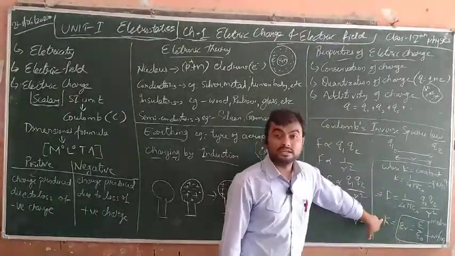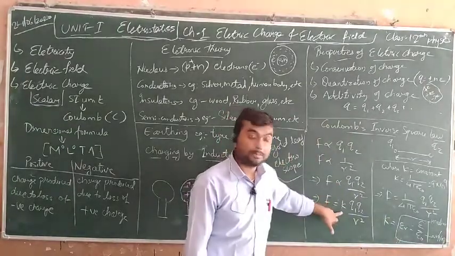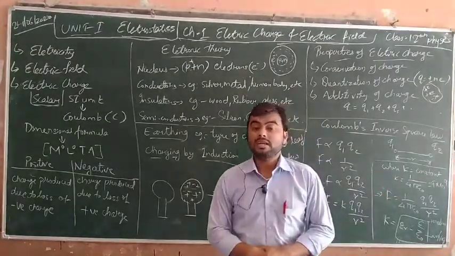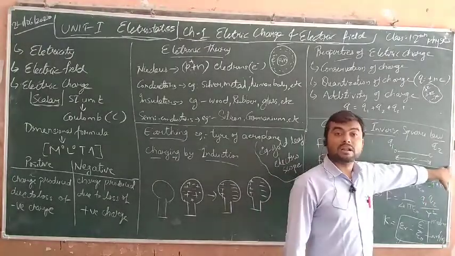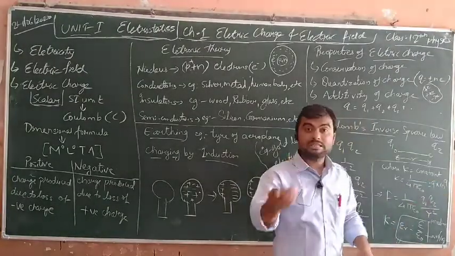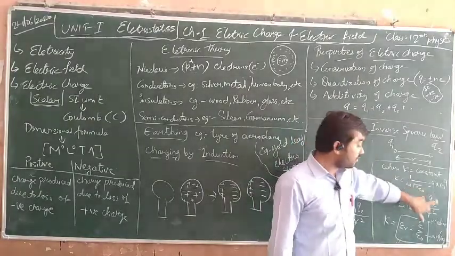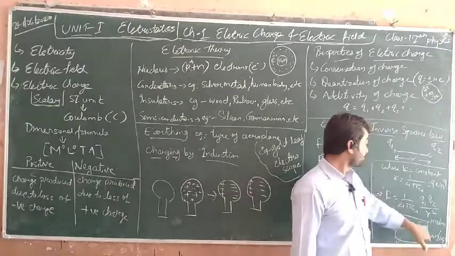After practical experimentation, K has the value 9 into 10 to the power 9, or mathematically 1 by 4 pi epsilon 0. Epsilon 0 is the permittivity of free space or vacuum.